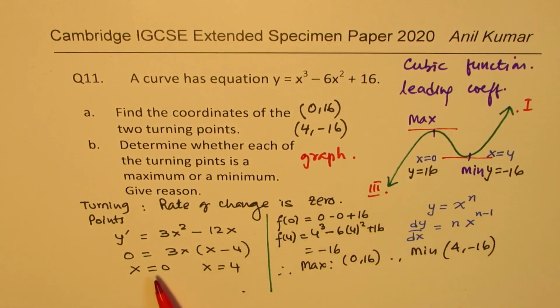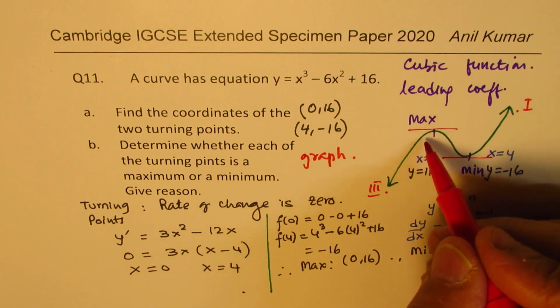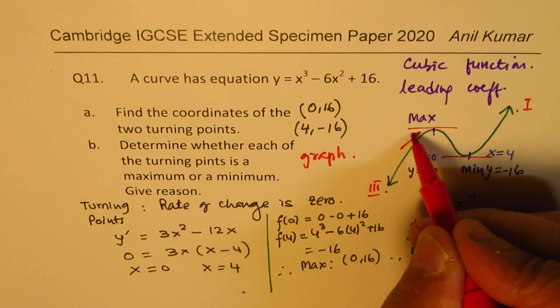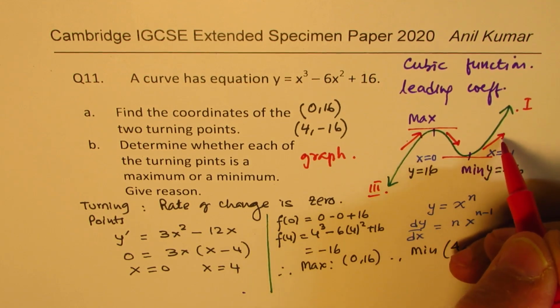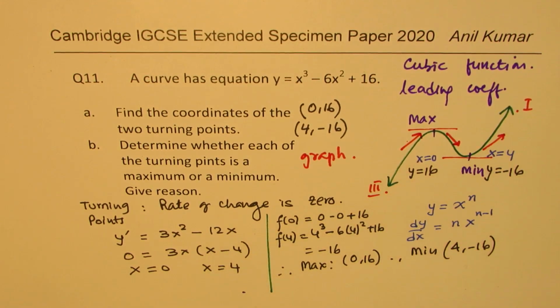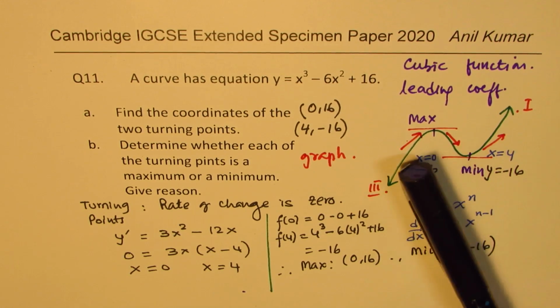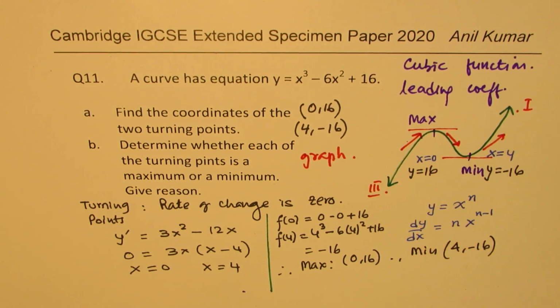So we're actually not going for reasoning out analysis of this rate of change. Of course, you could do it, that the rate of change is increasing and then decreasing. And in this case, it is decreasing and then increasing to reason out. But that's all up to you. As far as I'm concerned, this should also work, right? Now, when there is scarcity of time, these kinds of reasonings are good enough, right? So that's what I think.